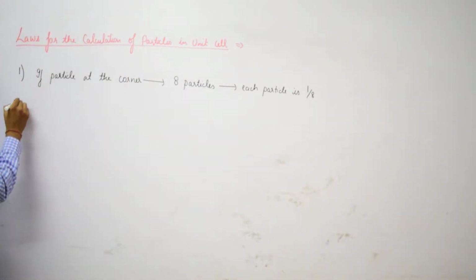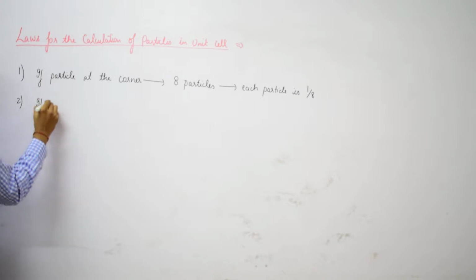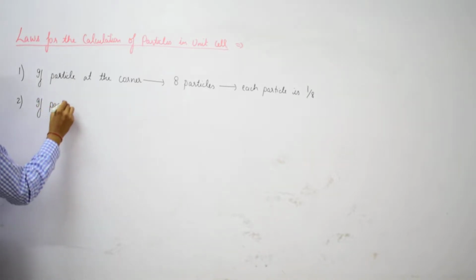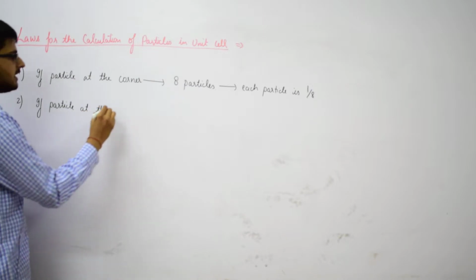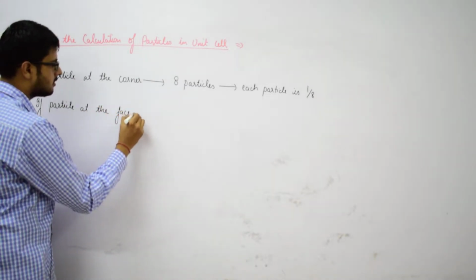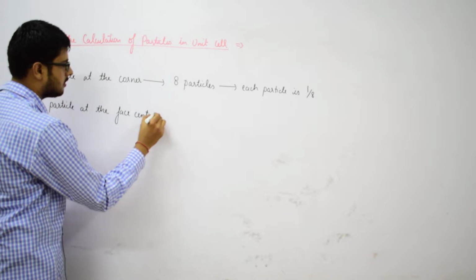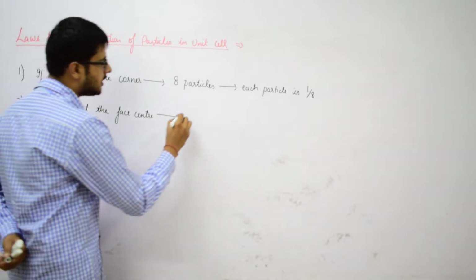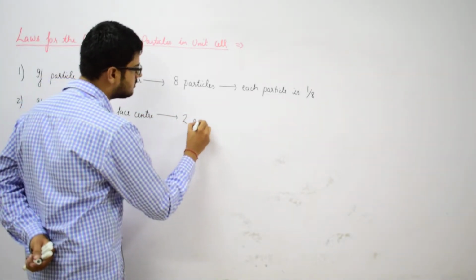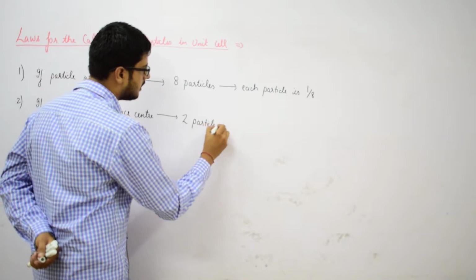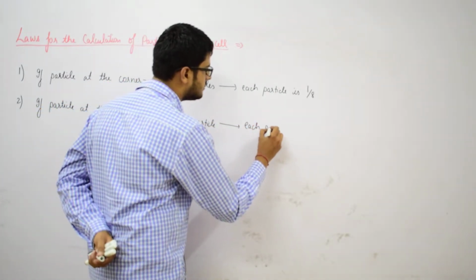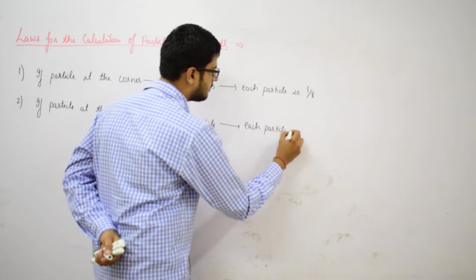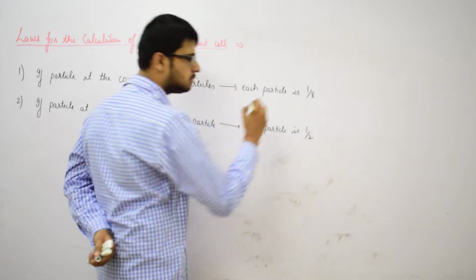Second point says, if the particle is present at the face center, then it is shared by 2 other particles, and the contribution of each particle in this case is 1 by 2.